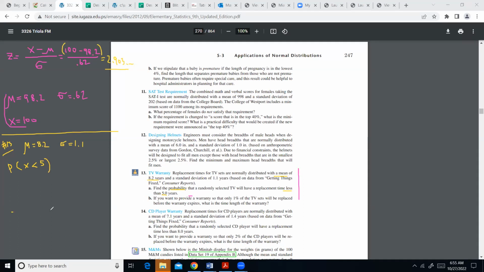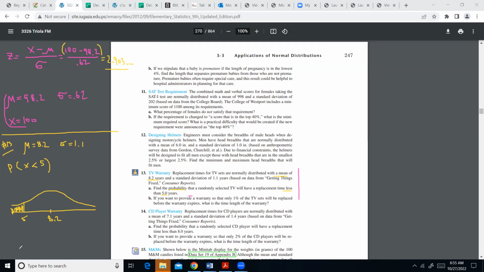And to get that probability, which is going to be the area of the region to the left from 5, since it's a normal distribution with mean at 8.2, I have to find the area of the region from 5 all the way to the left.